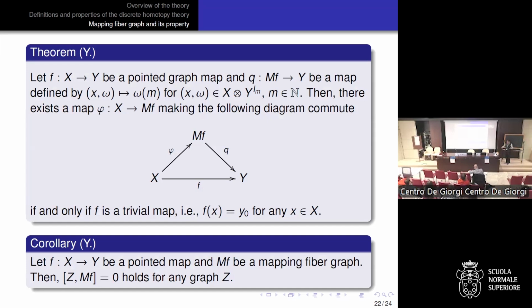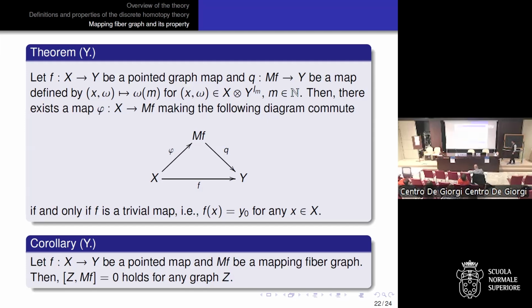So every vertex goes to the one base vertex. So a very trivial result. And as a corollary of this theorem, we can show that for any z, this homotopy set should be 0. So this mapping fiber graph that I constructed is a very uninteresting object.